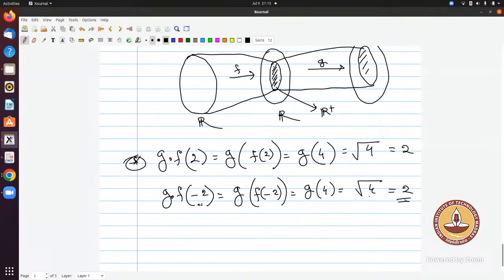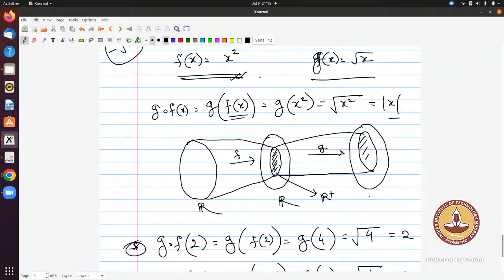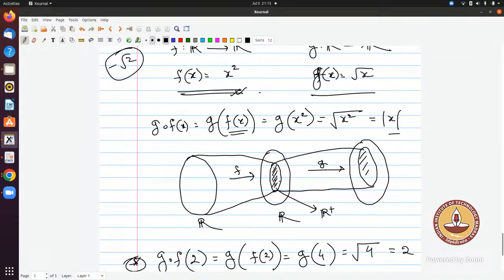So whether I take a negative or positive number, I end up with a positive number, because g of x is root of x, which is positive. So root of x square is basically mod of x. Is this clear? So this is not x, this is mod of x. Anyone has any doubt? Or should I explain it once more?